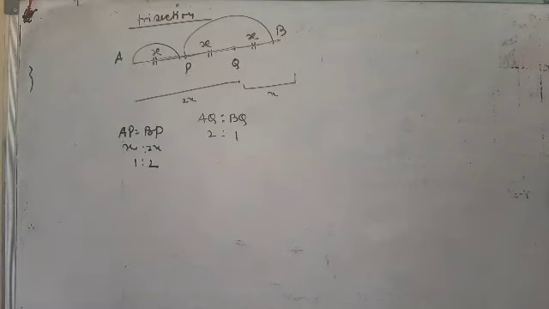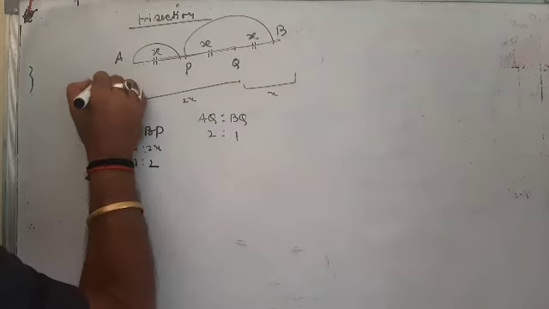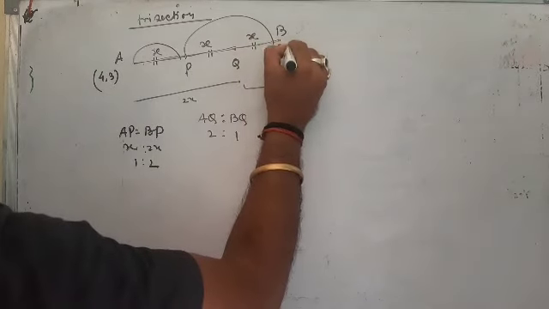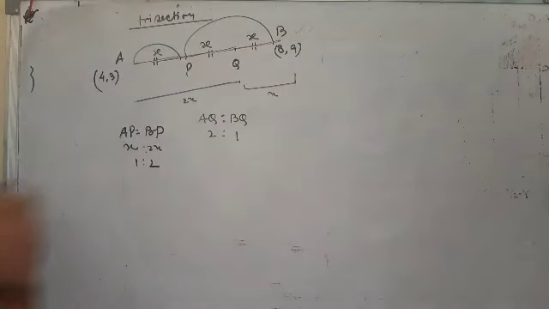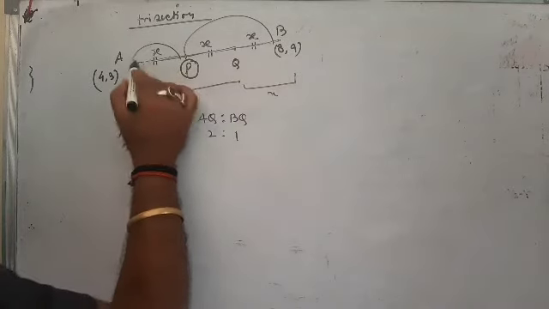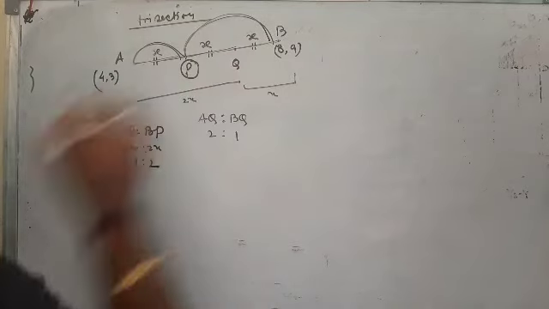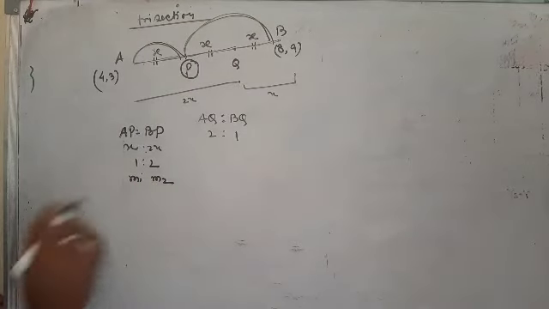So if you find the coordinates of P, what do you do? You have some x1, y1. Suppose this is (4, 3) and this one is (8, 9). So how do you find the coordinates of P? P divides the line AB in 1:2 ratio, so here m1 and here m2.